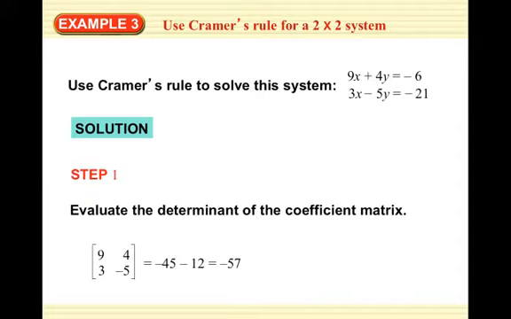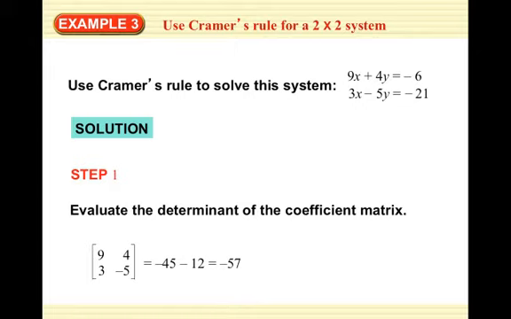The determinant would have the little lines there. Again, it's a little typo with these pre-made PowerPoints, and I can't fix that. But for finding the determinant of this, we should just have the lines surrounding the 9, 4, 3, negative 5. You do A times D, so negative 45, because 9 times negative 5 is negative 45, minus C times B, so minus 3 times 4.